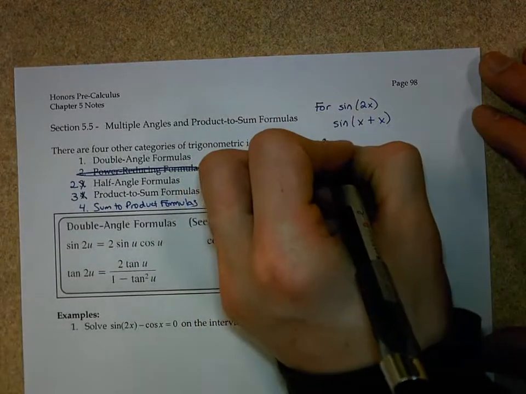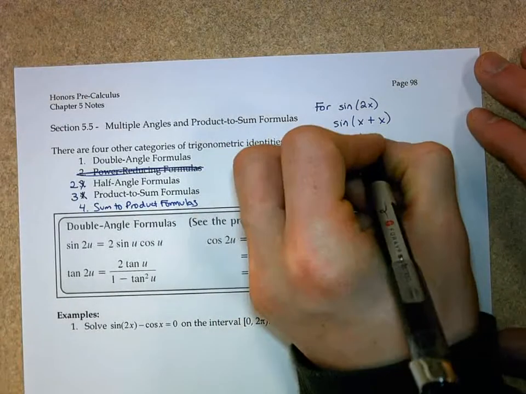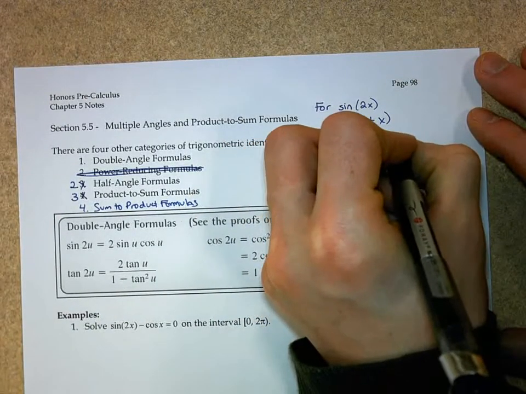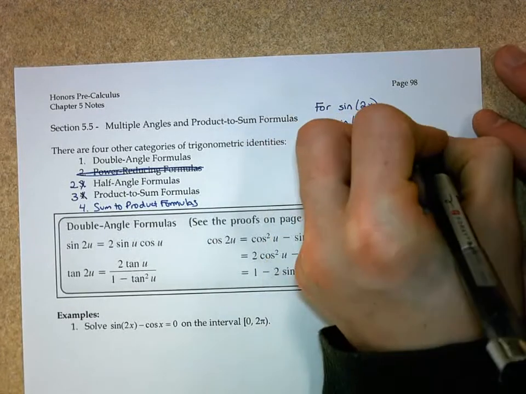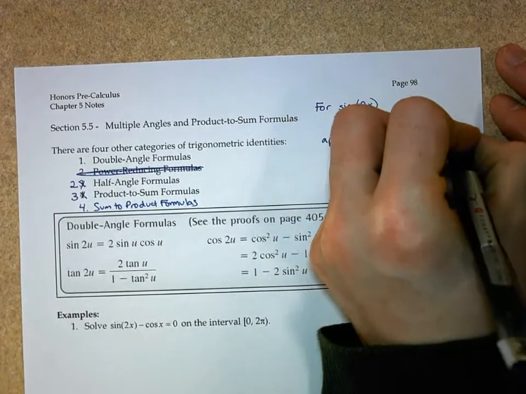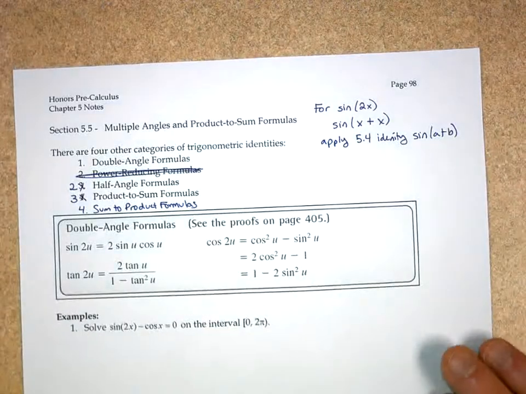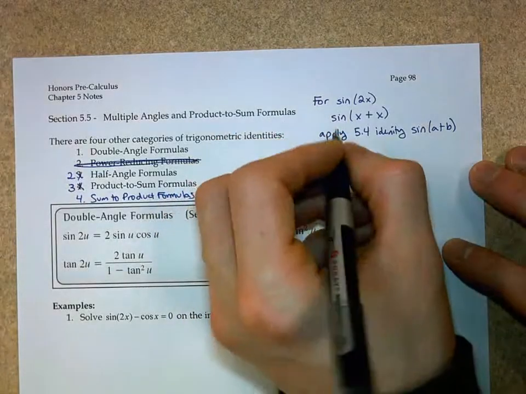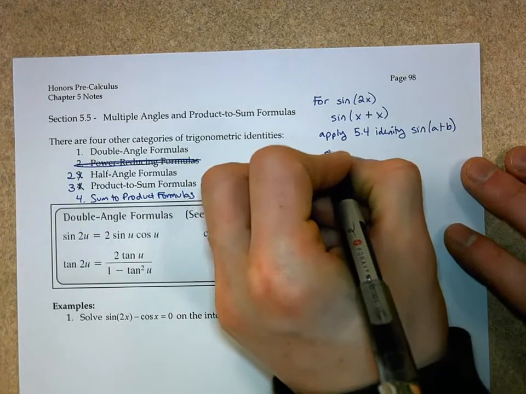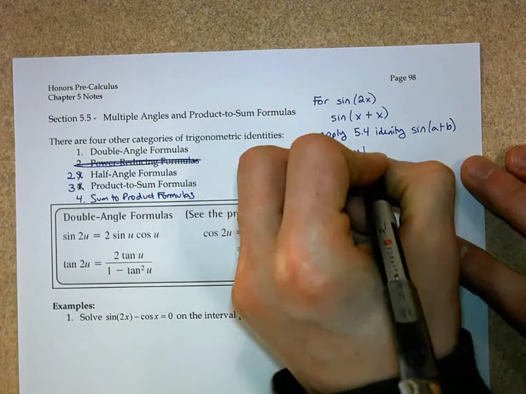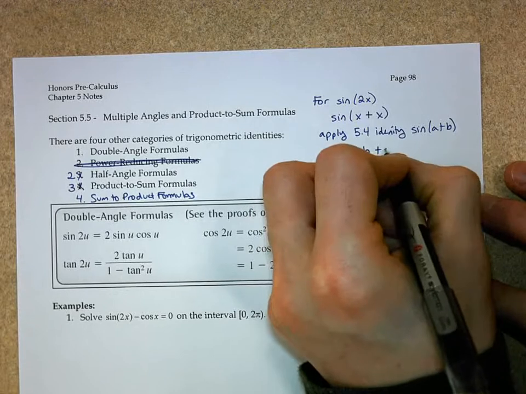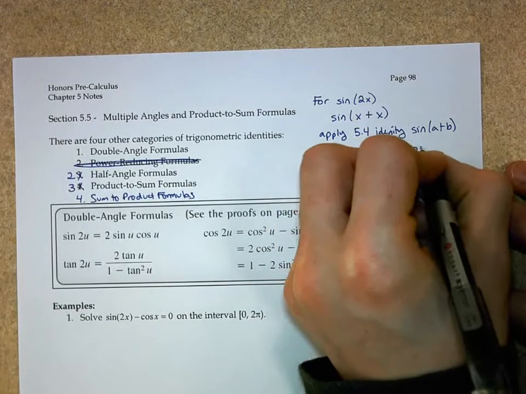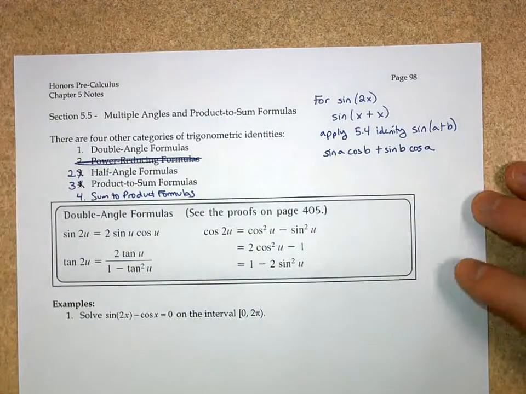And then I can apply the 5.4 identity, sine of a plus b. And you know the sine of a plus b when we break it down is the sine of a cosine of b plus the sine of b cosine of a.